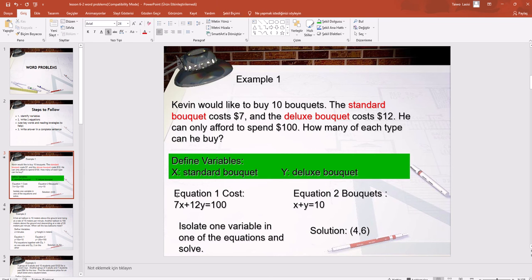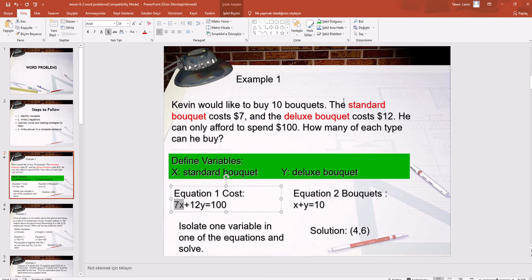So equation 1. It says the standard bouquet costs 7 and the deluxe bouquet costs 12. So this means we want to have 7x plus 12y, and we want the cost to be 100. So why do I write 7x?